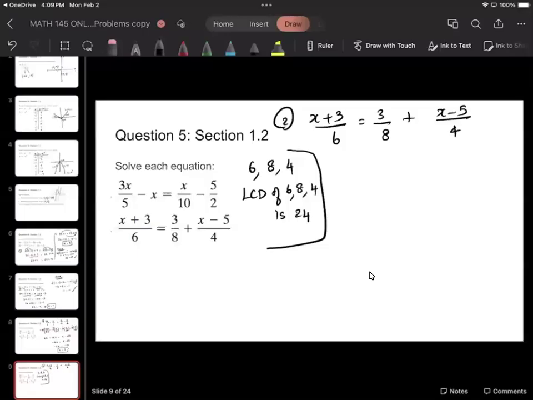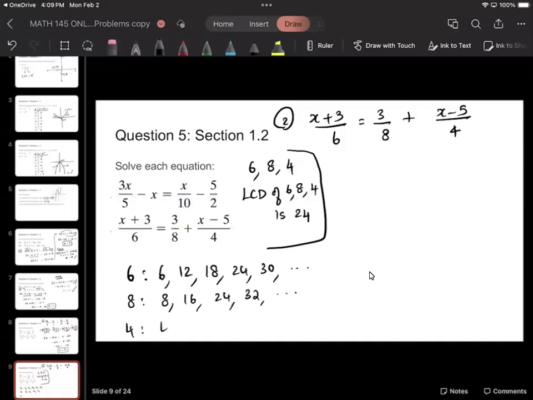If you don't know how to find the LCD, please look it up. A simple thing to do would be to look at all the multiples of 6. 6, 12, 18, 24, 30, and so on. Multiples of 8: 8, 16, 24, 32, and so on.